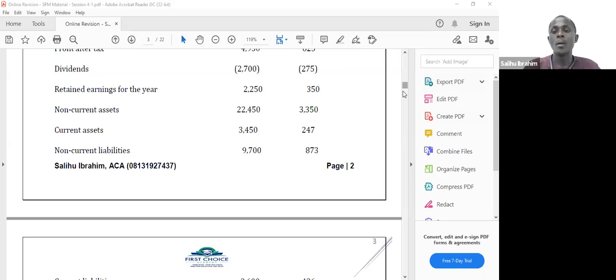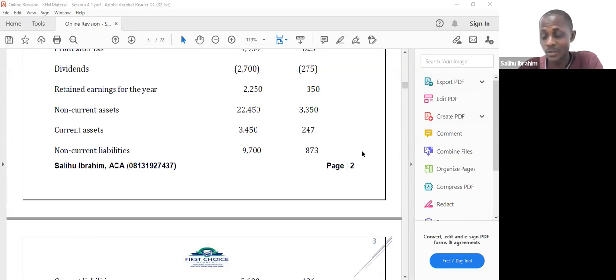Who can tell me the formula? Your market price will come first before your earnings. So PER is equal to market price per share over EPS. When I make market price the subject of the formula, I have market price per share equal to price earnings ratio times EPS.